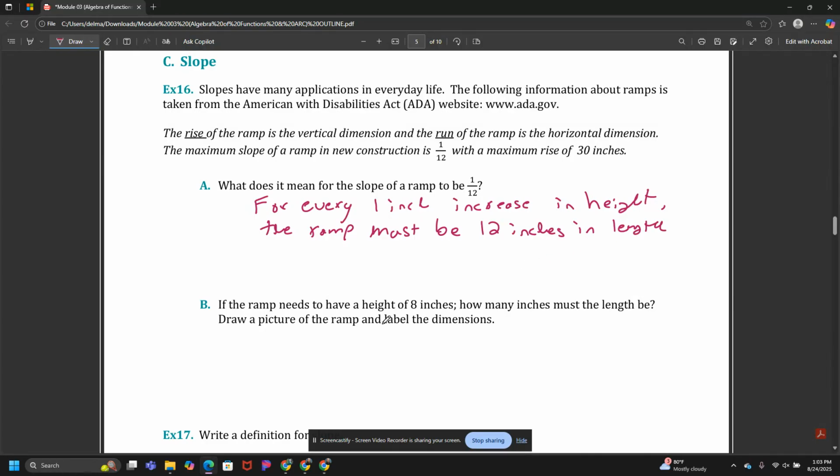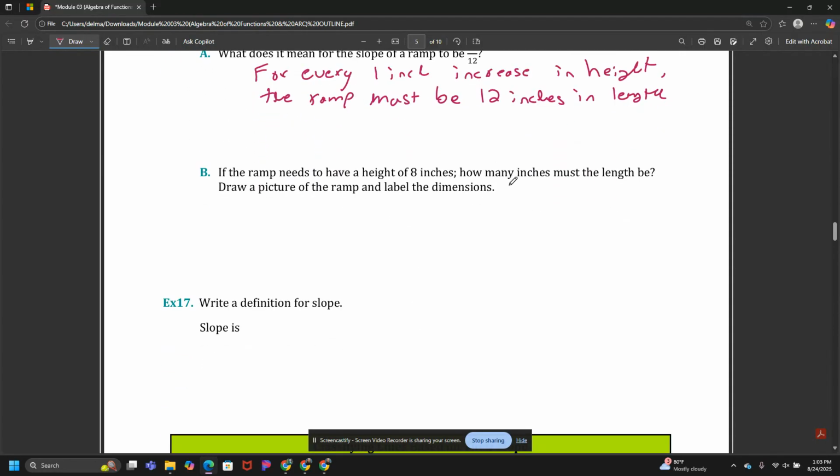If the ramp needs to have a height of 8 inches, how many inches must the length be? So I'm going to draw an imaginary ramp to look at here. So I've got 8 inches and 12 inches. Okay, so we know that we need to rise for 12 inches.